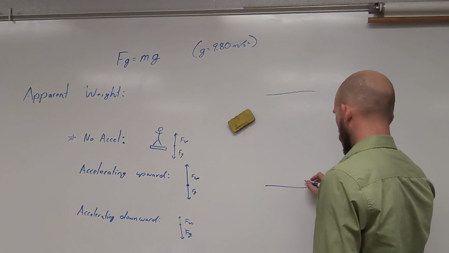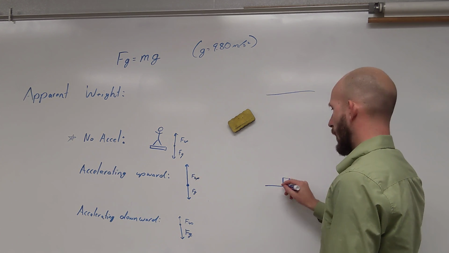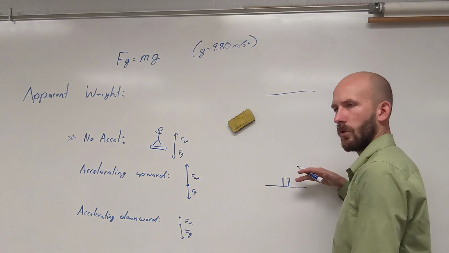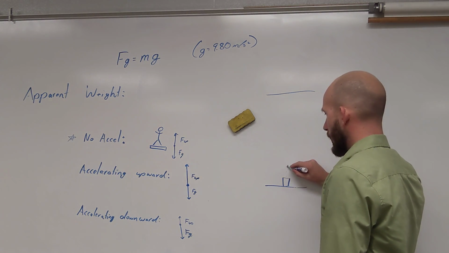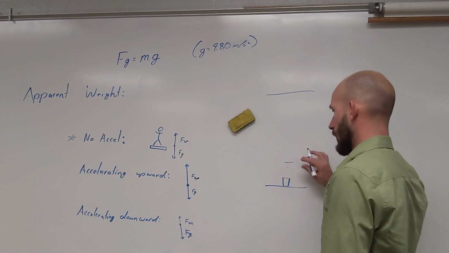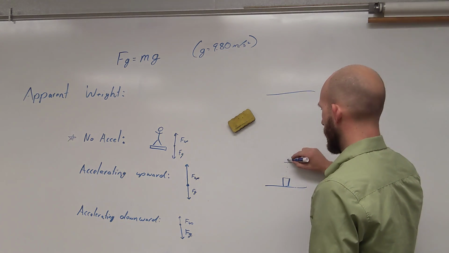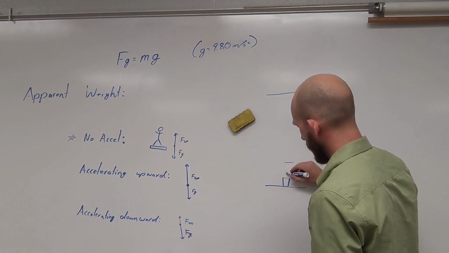Let's go through the whole range. My elevator's stationary at first, just normal weight. As it begins accelerating upward, during this time frame, it's going to read heavier, right? I'm going to try to make my dots there to show acceleration.